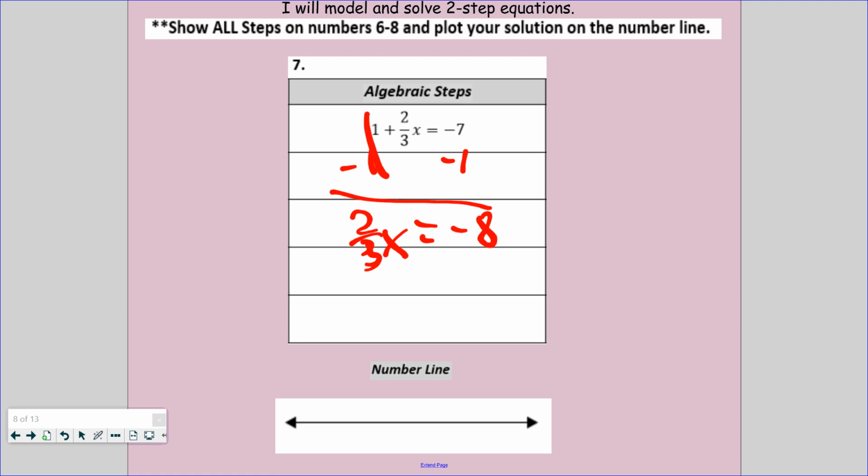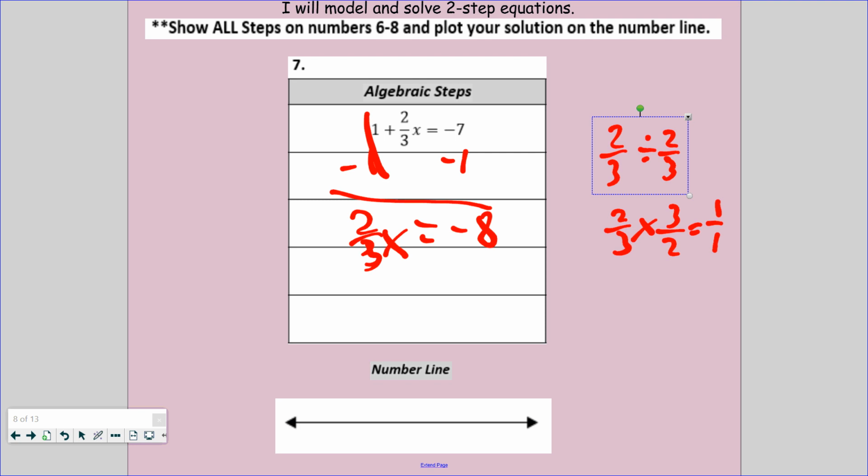It is divide. When you divide by 2/3, how would you solve this? You would have to multiply by the reciprocal in order for it to cancel out to become one whole. So to get rid of this, you will be multiplying by the reciprocal.